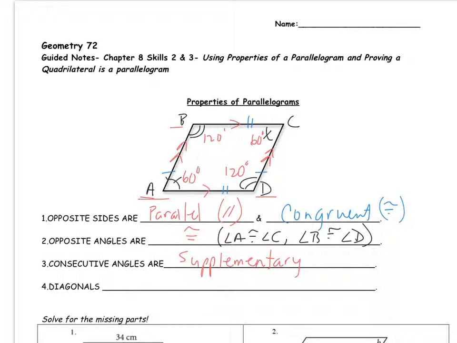All right, last one, diagonals. Let's go with green this time. The diagonals from A to C and from B to D. What do you think is occurring with the diagonals? Think about some words that we filled in already. Are the diagonals parallel? No, because they intersect. Are they congruent?